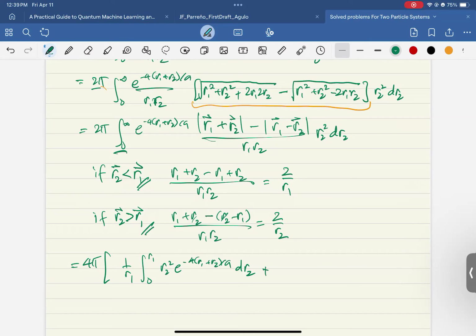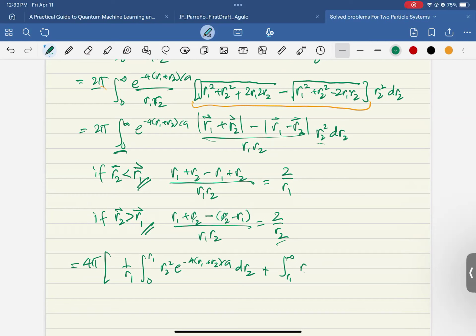And then yung second integral, okay, will range from R1 to infinity kung saan yung R1 is less than R2. So we have R2 squared dito divided by R2 dito.